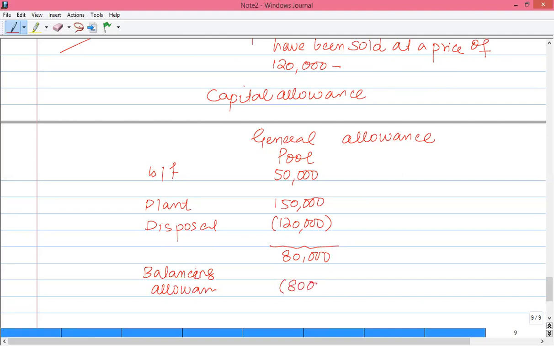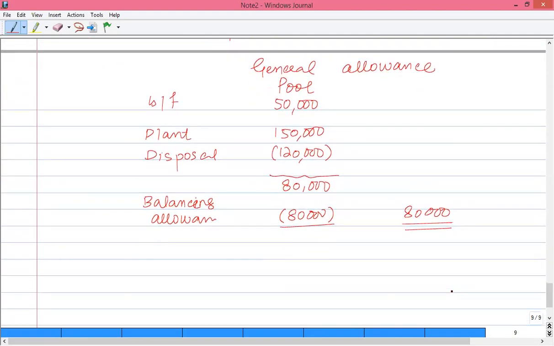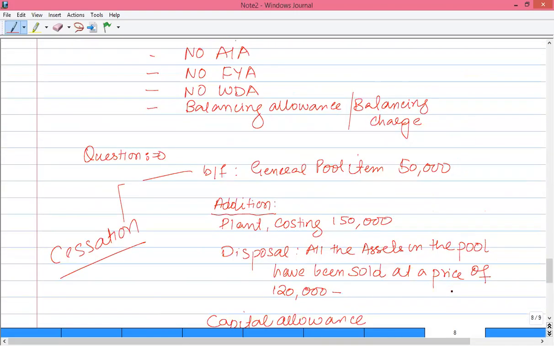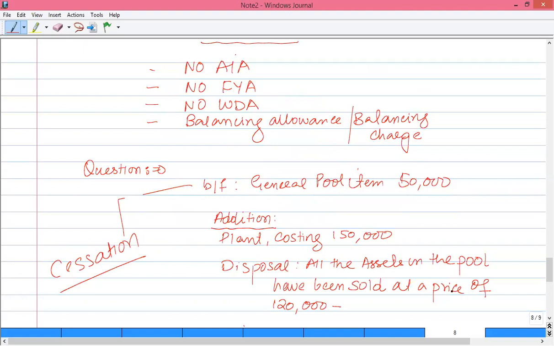Now we have a balancing allowance of 80,000 and our total allowance is 80,000. So that means that in the year of cessation, no AIA, first year allowance, WDA, or any kind of allowance is available except for the balancing allowance or balancing charge.